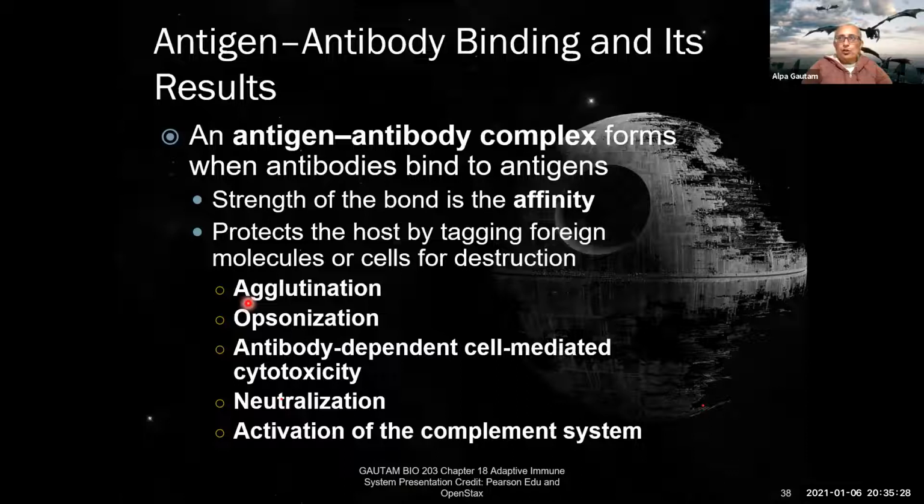The different things that can happen when an antibody binds to its specific antigen are agglutination, opsonization, antibody-dependent cell-mediated cytotoxicity, neutralization, and activation of the complement system.